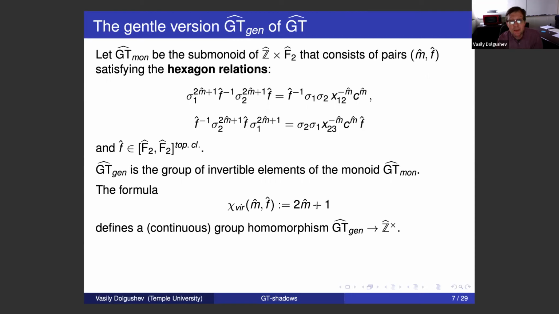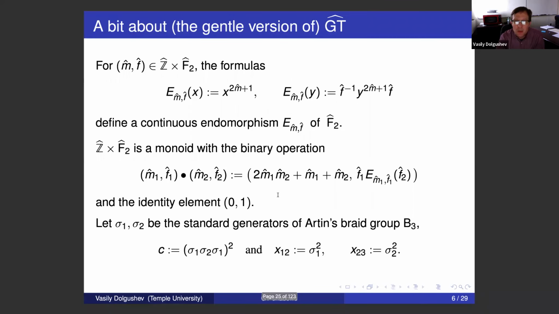Another thing I wanted to mention is that when you look at this formula, 2m1, m2 plus m1 plus m2, it may be somewhat painful, because it's unnatural in my opinion. But things become nice if you replace m1 hat by 2m1 plus 1 and m2 hat by 2m2 plus 1, because then this operation simply becomes multiplication.